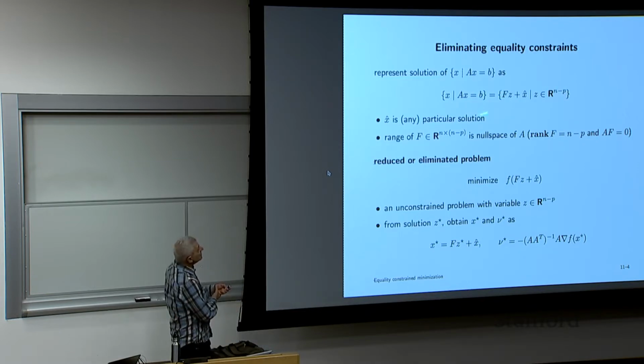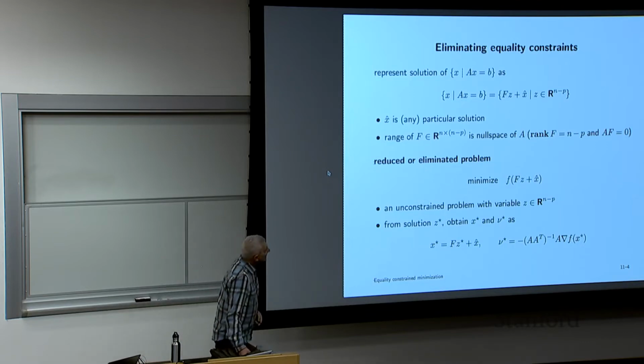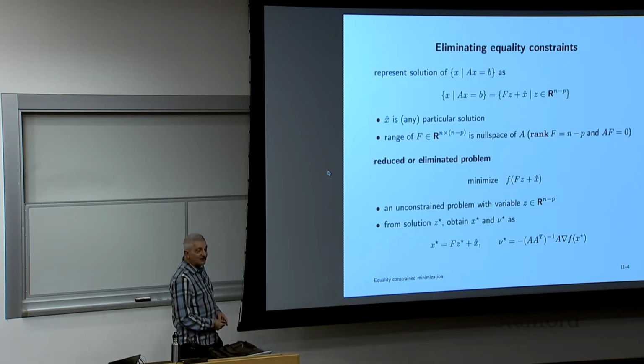That requires you to find a particular solution, say x hat. And then you find a matrix F whose range is the null space of A, right? That's actually all you need. And there are very simple ways to do that. You could do a QR factorization on A transpose or something. This is just linear algebra at that point. Okay, and that's the idea.